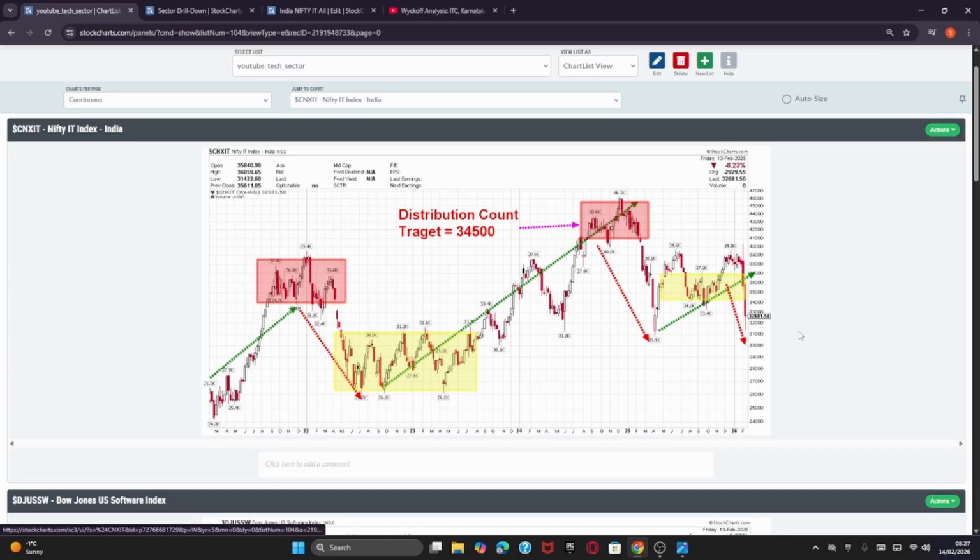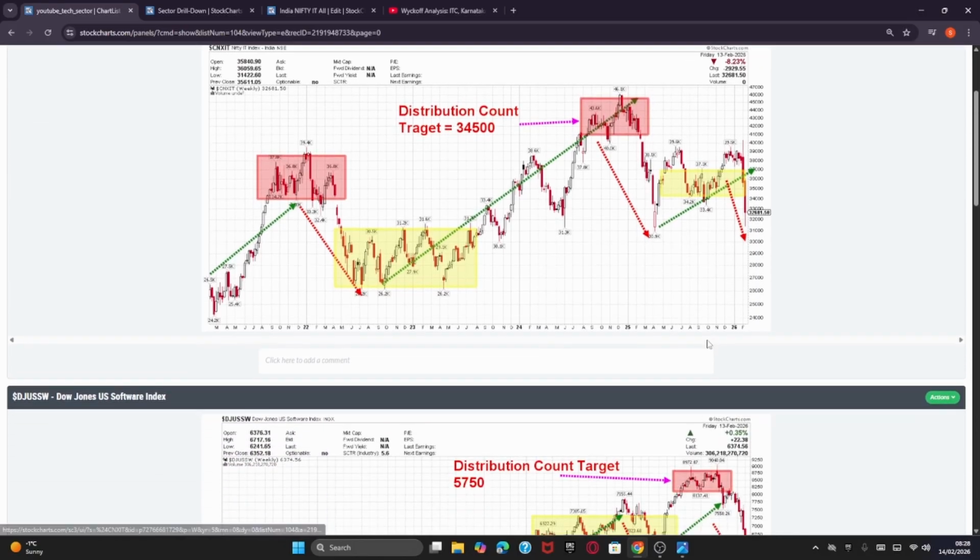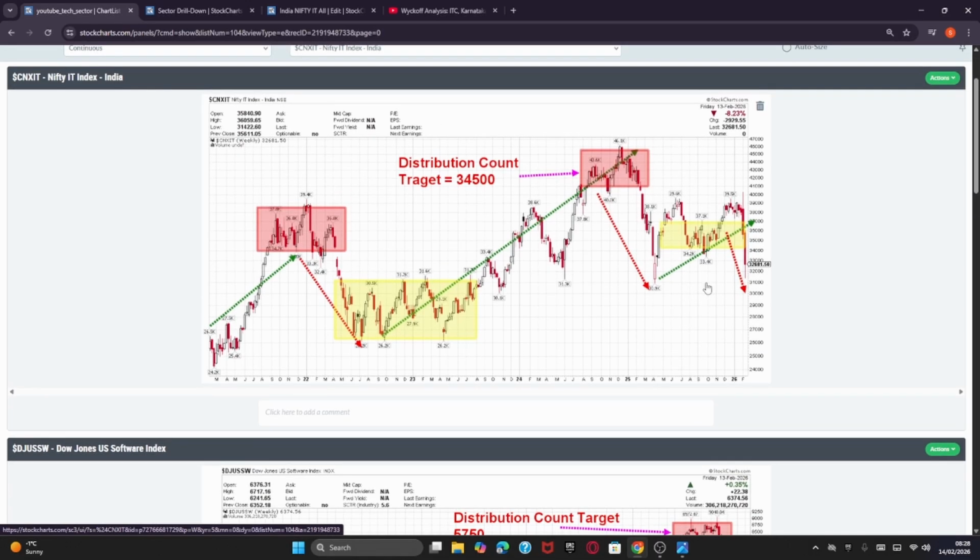So we have to wait and see when the price action shows a point to enter the IT sector. Right now the sector is going through the markdown, and after that there would be sideways action.